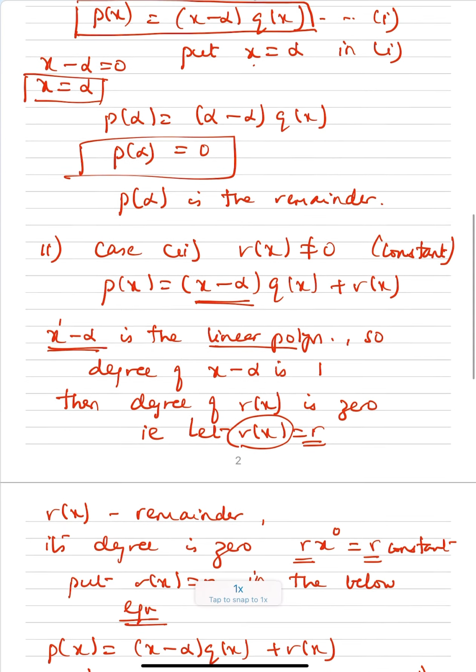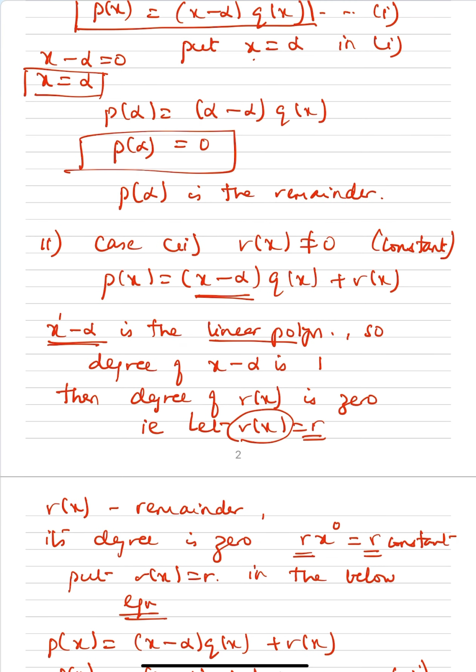And the next condition is r of x is not equal to 0. Then it will be a constant. Now we know that x minus alpha is a linear polynomial, hence its degree is 1. And according to the division of a polynomial, if g of x has degree 1, then the remainder will have degree 0.